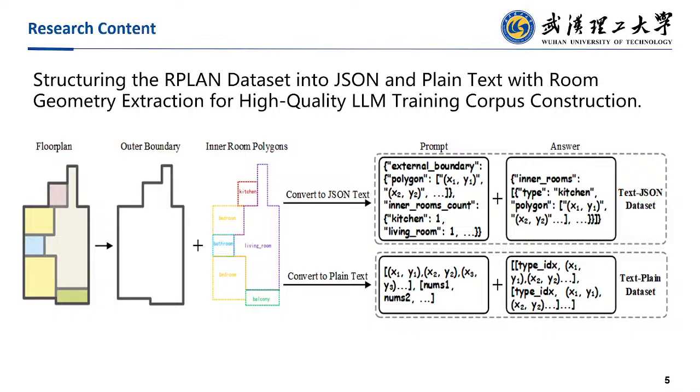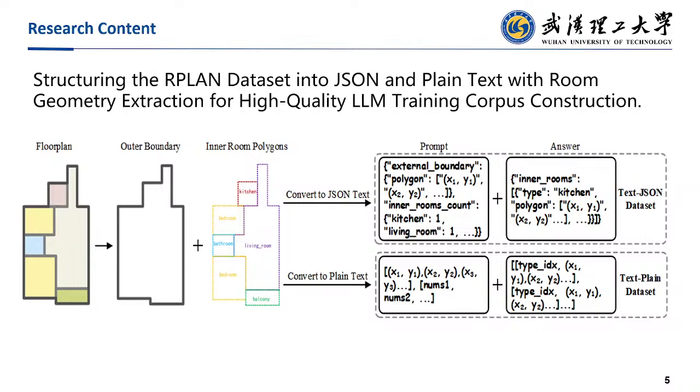We use a kind of JSON. For each room, for each polygon, we use natural language to describe the position.